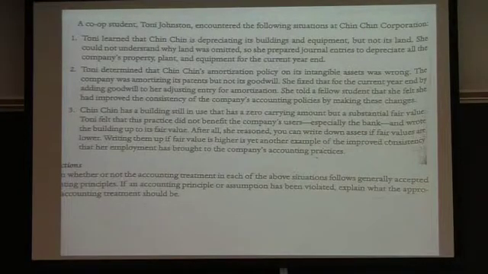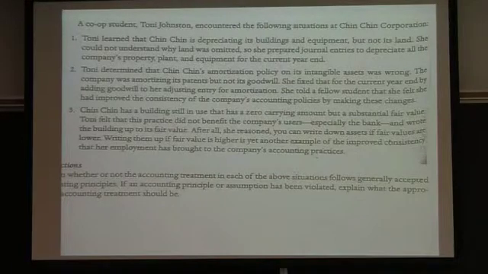To answer that question, we need to understand why companies depreciate their assets. Depreciation is defined as a process of allocating the cost of a particular asset to an expense over its useful life.